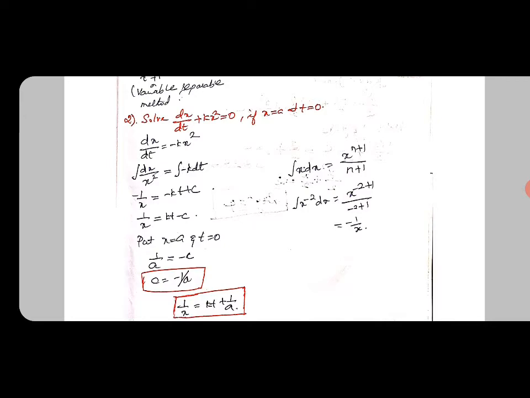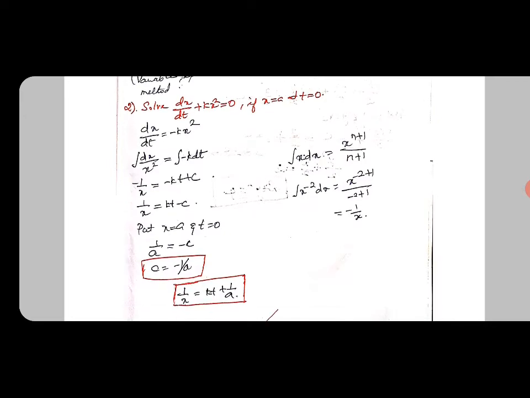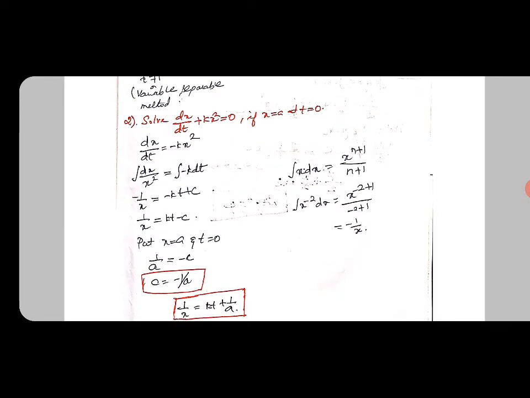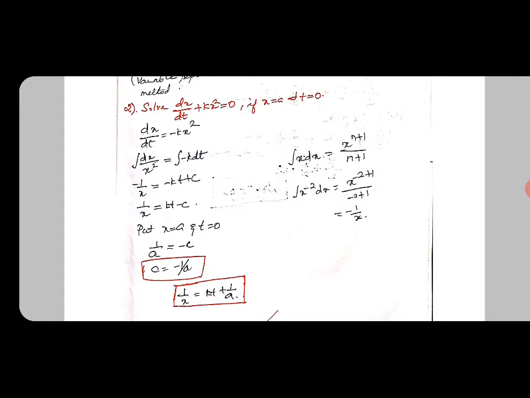Then we multiply by the negative sign, we get 1 by x is equal to kt minus c. Then in the question they have given us x is equal to a at t is equal to 0. We substitute x is equal to a and t is equal to 0. Then we get 1 by a equal to minus c, then c is equal to minus 1 by a. Here you want to know that integral of x power n dx is nothing but x power n plus 1 by n plus 1.